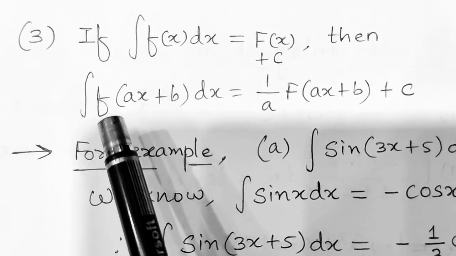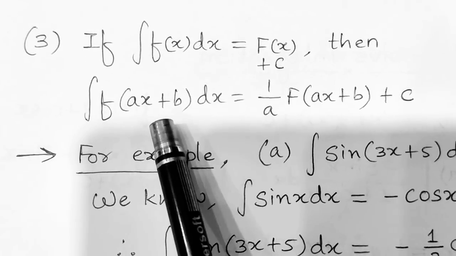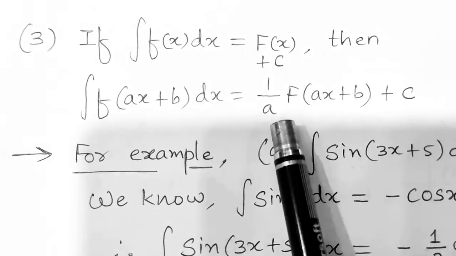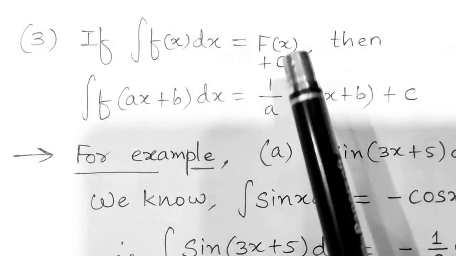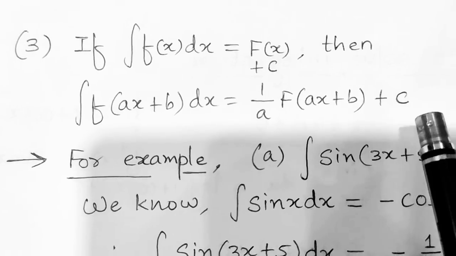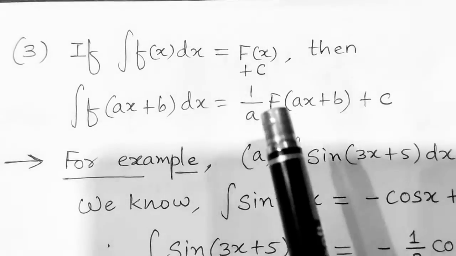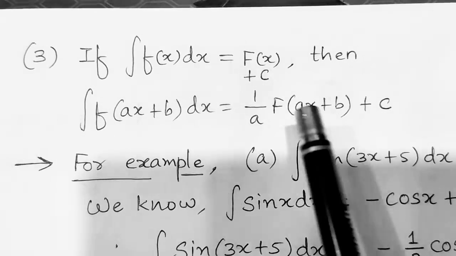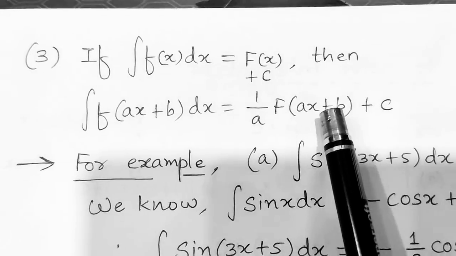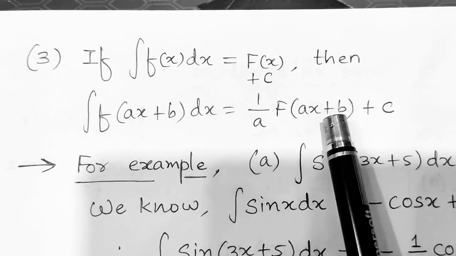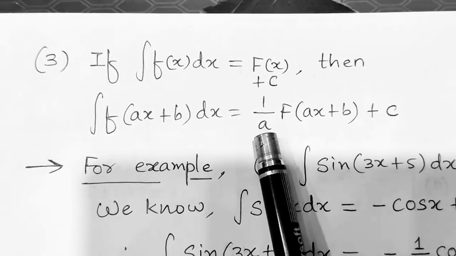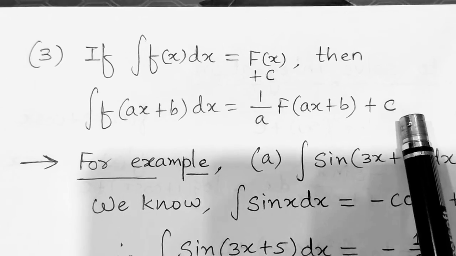If you want to find the integration of small f of ax plus b dx, this a will come in the denominator: 1 by a into capital F of ax plus b plus c. Okay, so x remains x here, ax plus b remains ax plus b here, but its derivative, the derivative of ax plus b is a, that comes in the denominator: 1 by a F of ax plus b plus c.